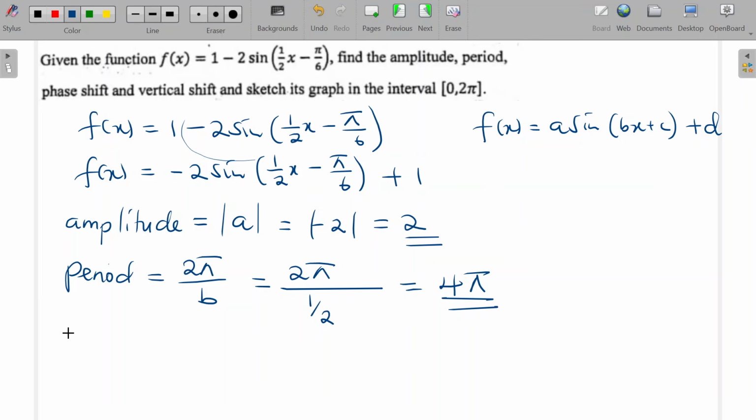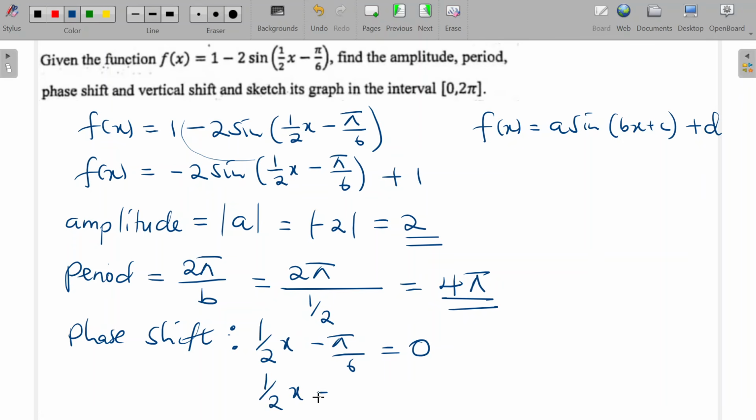Then you go to the phase shift. For the phase shift, you equate what is in the brackets to 0. So 1 over 2 x minus pi over 6 is equal to 0. Then you take this side: 1 over 2 x is equal to pi over 6.